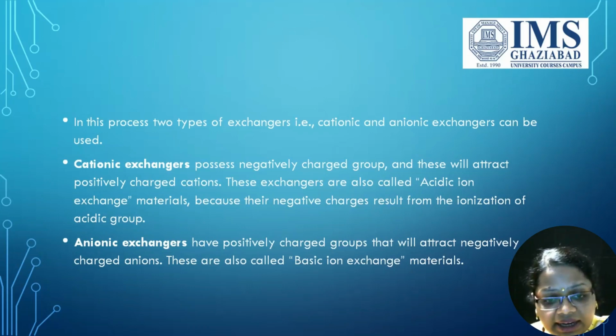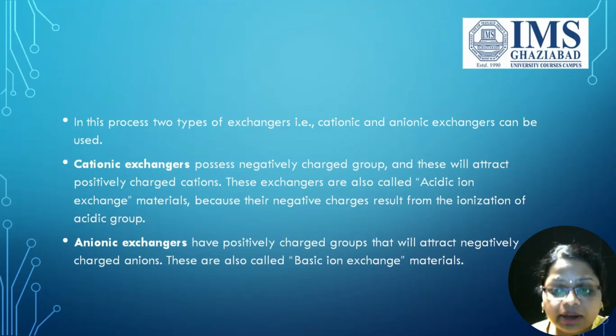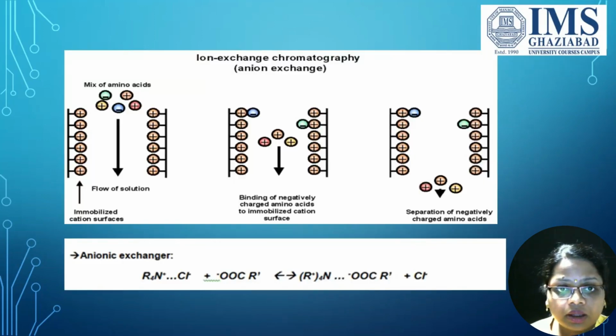Similarly, we have the anion exchangers, which have positively charged groups to which negatively charged counter ions are bound, and my negatively charged analyte will replace these counter ions. This is how an anion exchanger works. You can see the matrix is positively charged. To this are bound the counter ions, which are negatively charged.